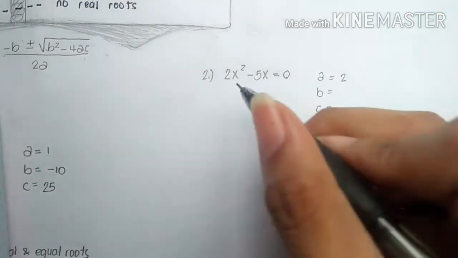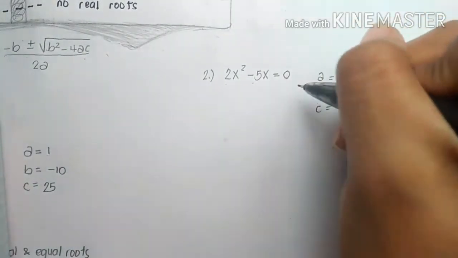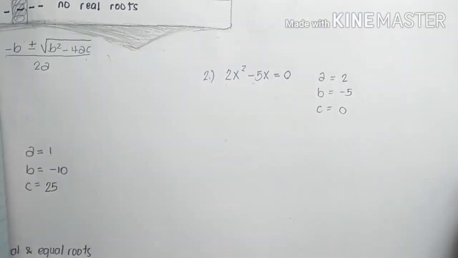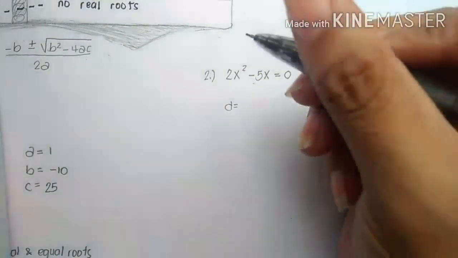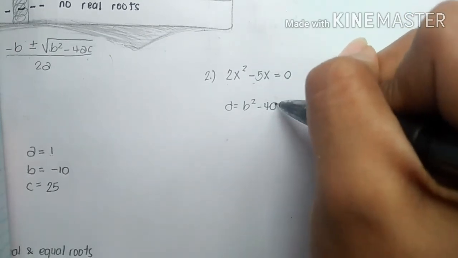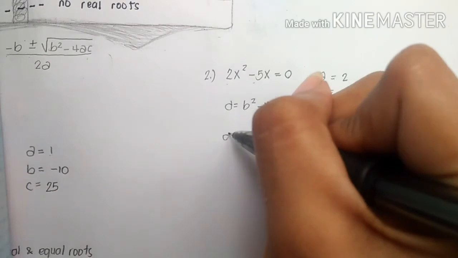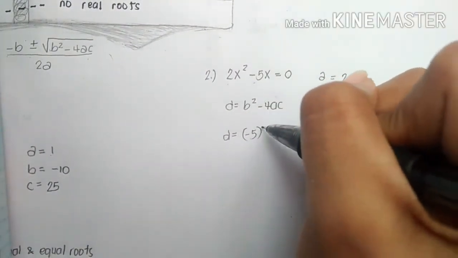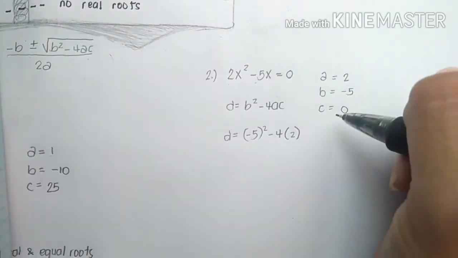It's 2. Our B is negative 5. What is our C? C is 0. Then, what is the formula for our discriminant? B squared minus 4AC, right? So what is our B? Negative 5 squared minus 4. What is our A? That's 2.